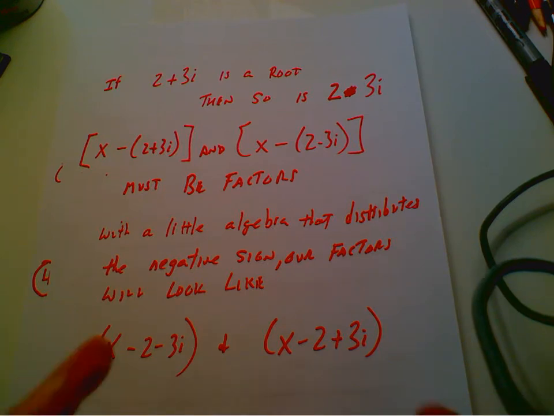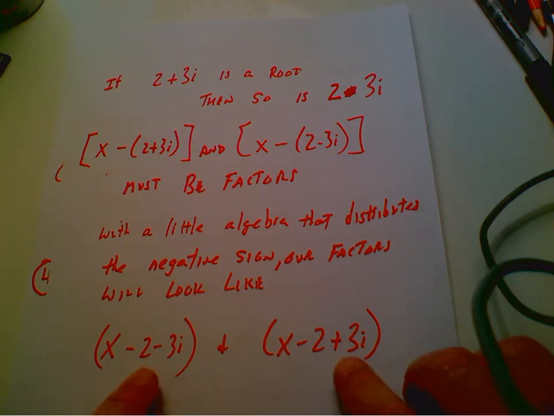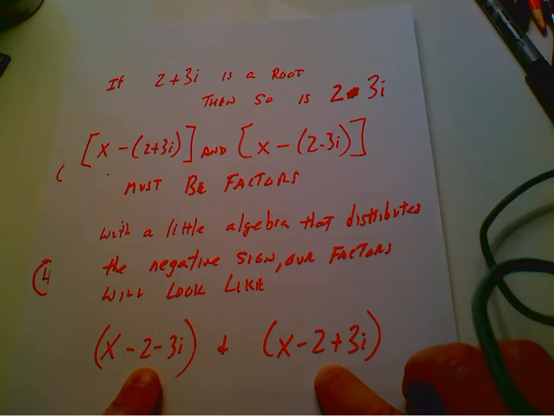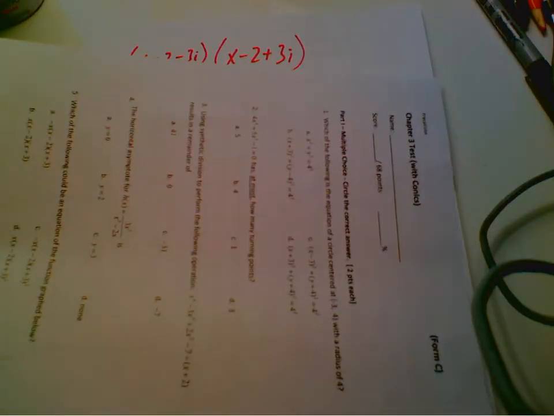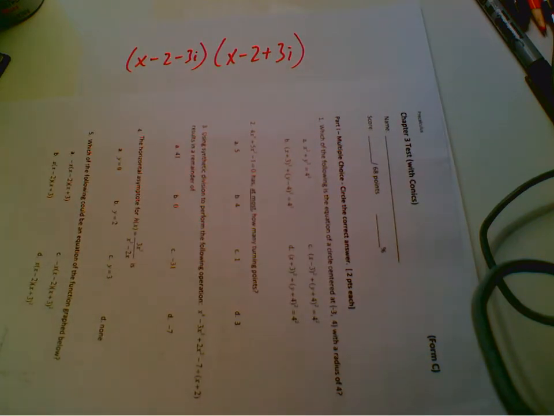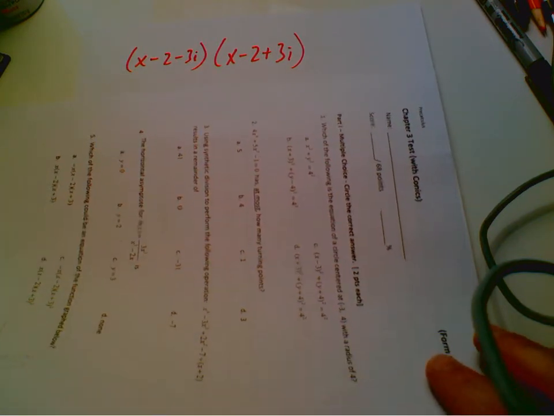What do we do next? Well, if I'm going to be going to standard form, I'm going to be expanding these polynomials. I have to multiply these roots against each other. So here's what it's going to look like when we start up. x minus 2 minus 3i, x minus 2 plus 3i, just like I wrote on the prior page.